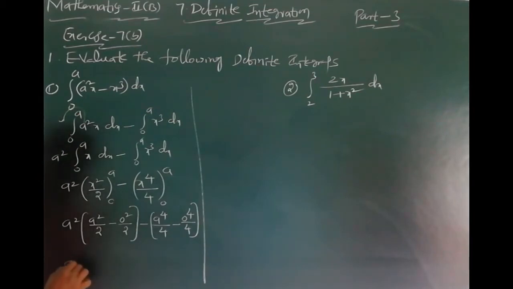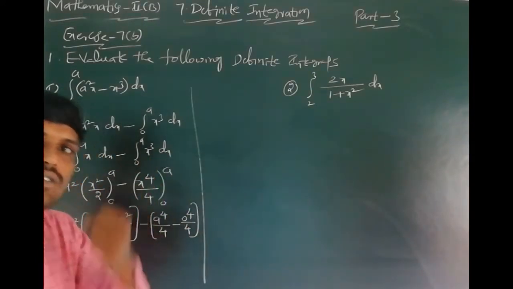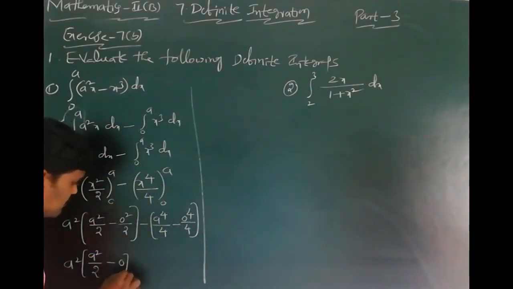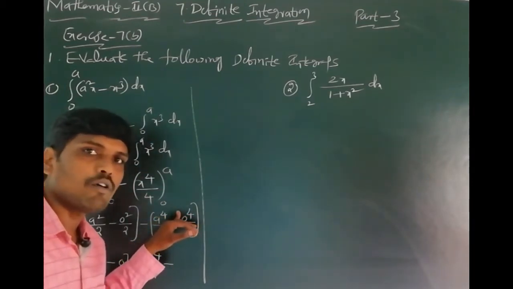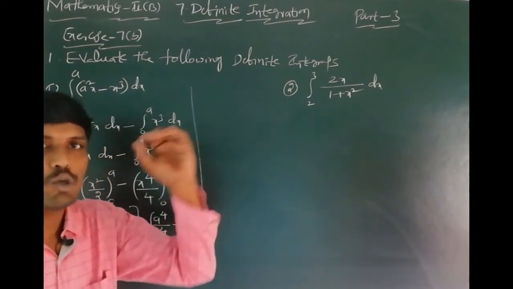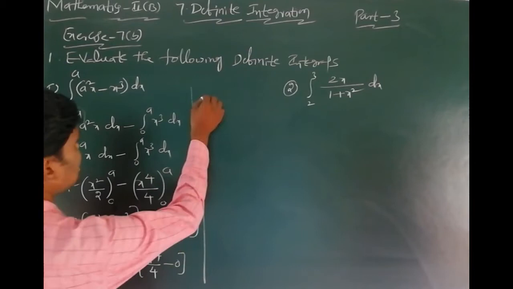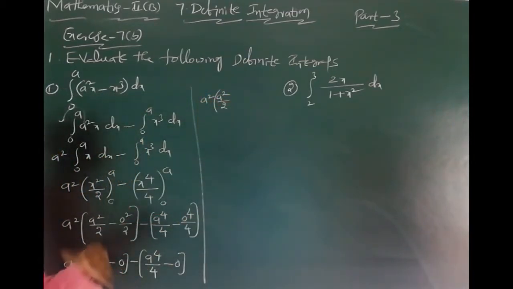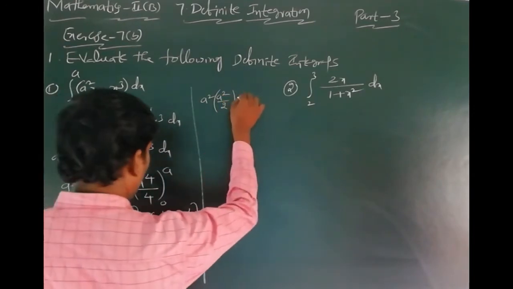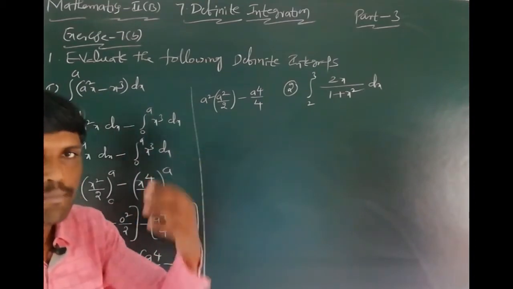After that, a square into a square by 2 minus 0 square by 2, which is 0, minus a power 4 by 4, and 0 power 4 is also 0, so you can write 0. After that, a square by 2 minus 0 is a square by 2, minus a power 4 by 4 minus 0, which is a power 4 by 4.